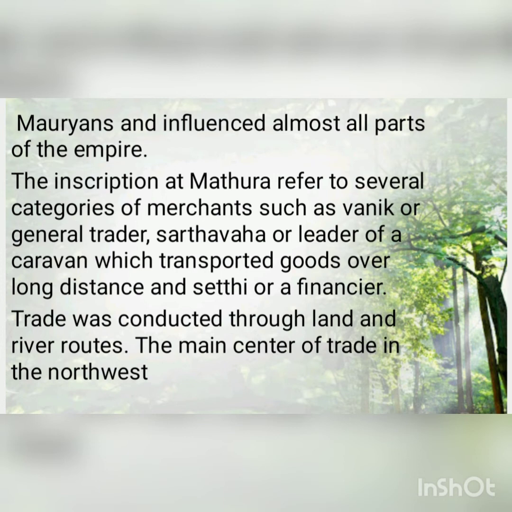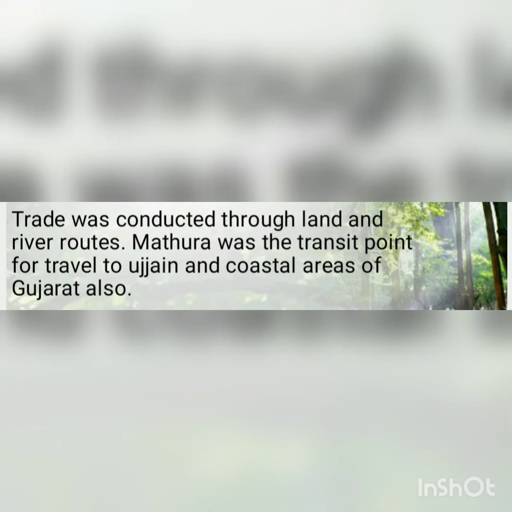The inscriptions at Mathura refer to several categories of merchants, such as Vanik, who were called the general traders, Sartavaha, the leader of a caravan which transported goods over long distances, and Sethi, known as a financier. The trade was conducted through land and river roads.